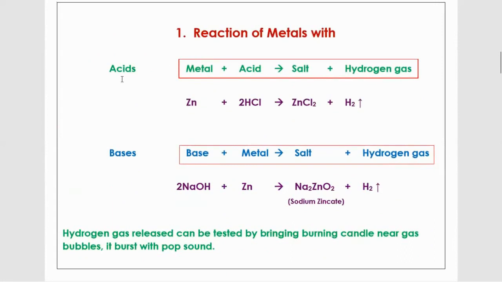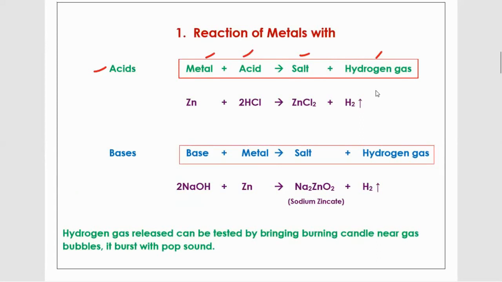If you take acids, metal plus acid gives rise to salt plus hydrogen gas. The basic equation, which I have mentioned in the red color box, is so important and acts as a basic equation.